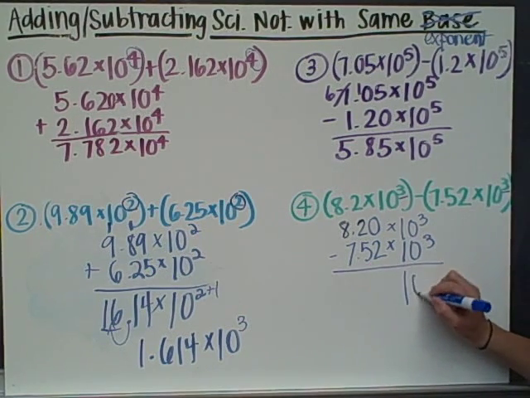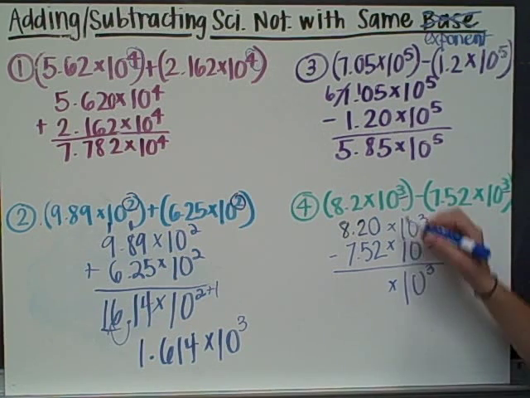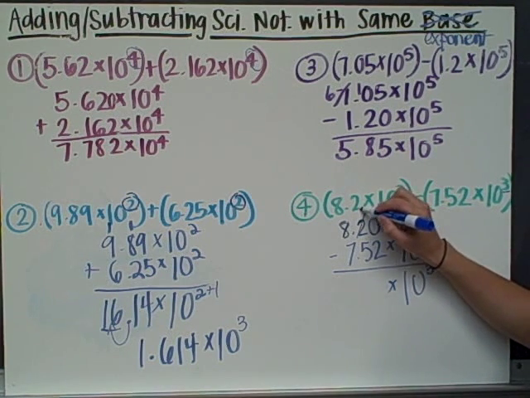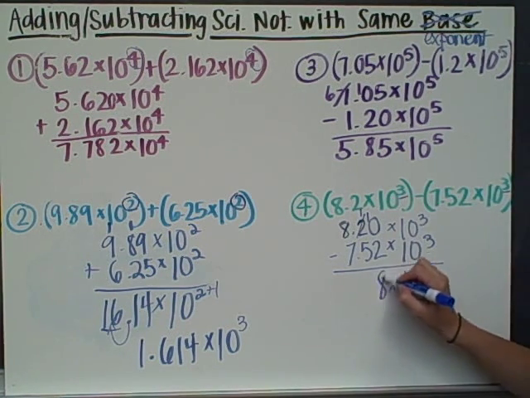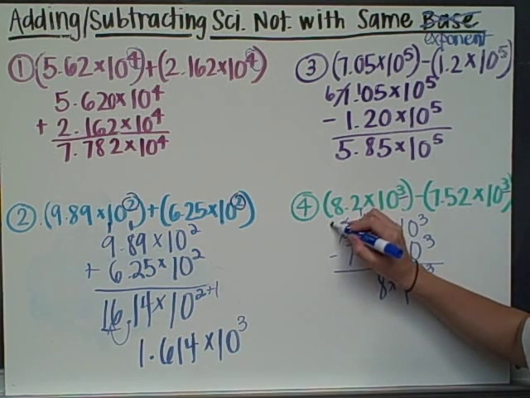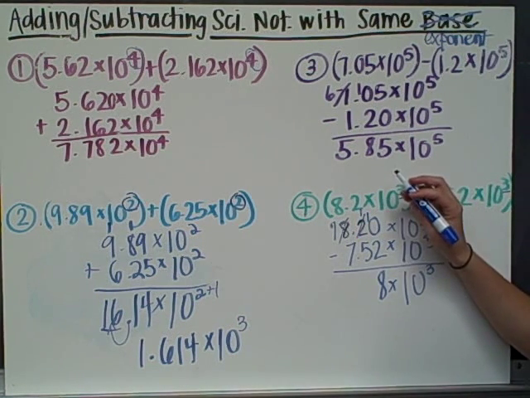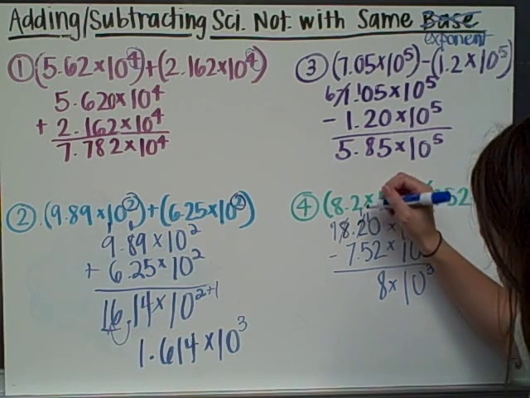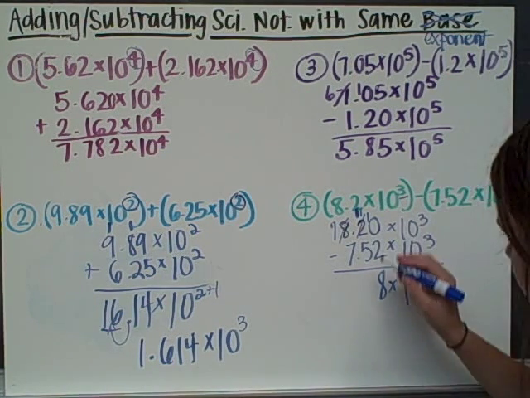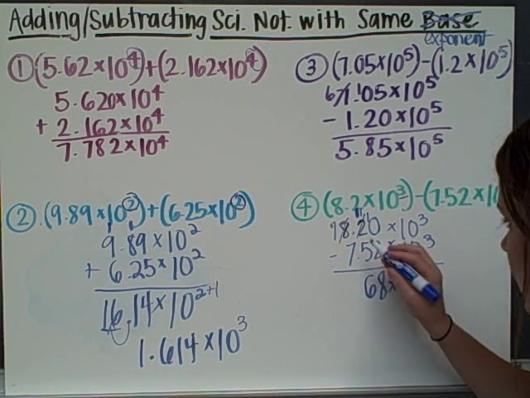We rewrite the times 10 to the 3rd. Well, I can't subtract this, so I had to borrow 1. 10, we get an 8. Can't borrow here, we get 7. And so I get an 11, and I get 6, and then 7.